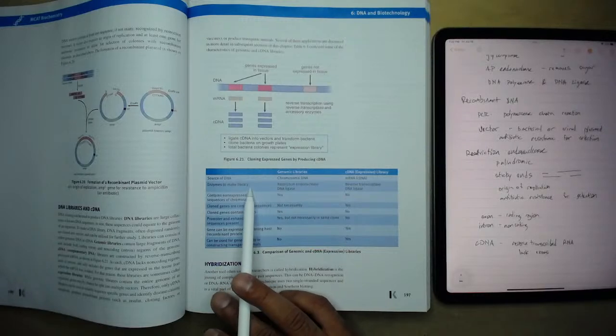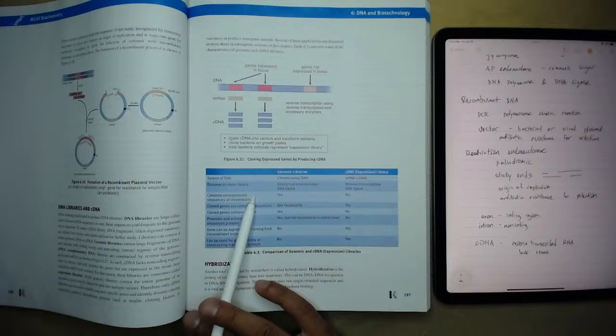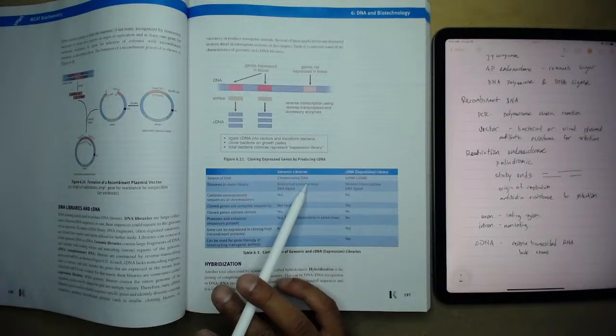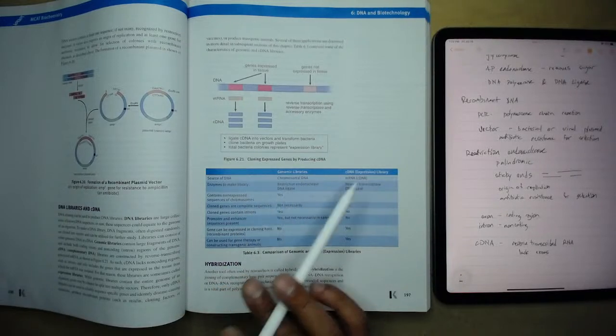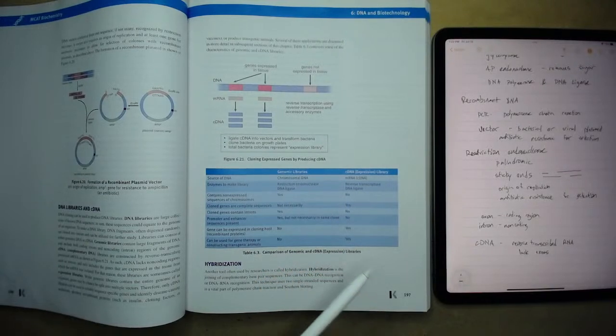Enzymes to make the library: nucleases and ligases, while you use transcriptases in cDNA because you need to reverse transcribe. Genomic libraries have non-expressed sequences. cDNA does not.